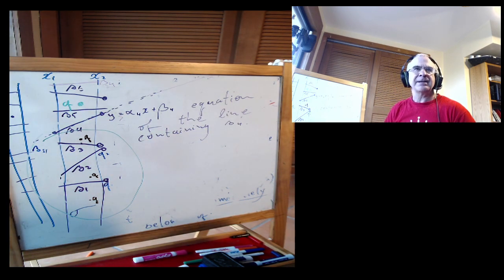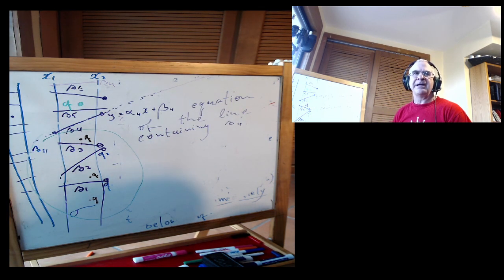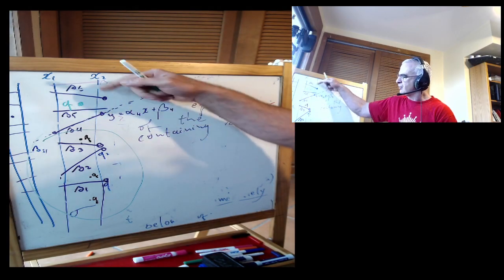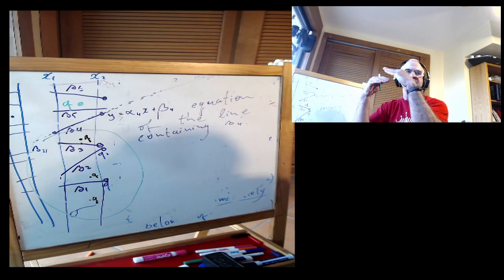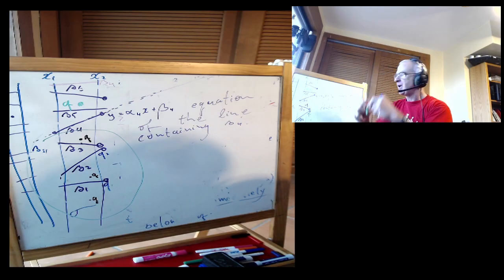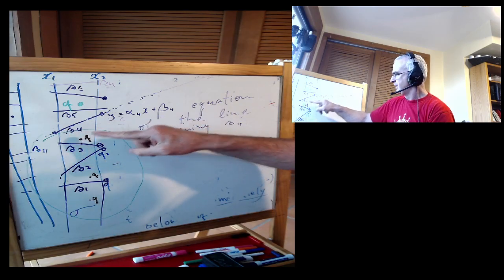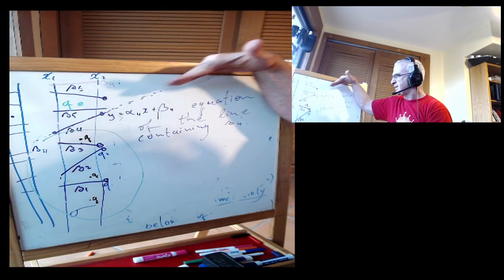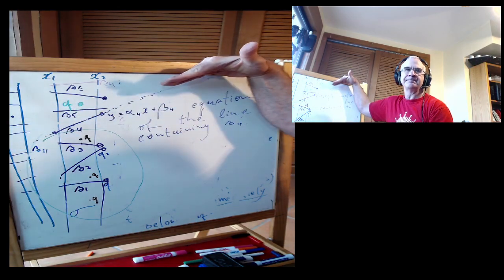So the idea is that you're just performing binary search, but instead of comparing the xy of Q to the xy of a single point, I'm comparing the xy of Q to the line that contains the segment.